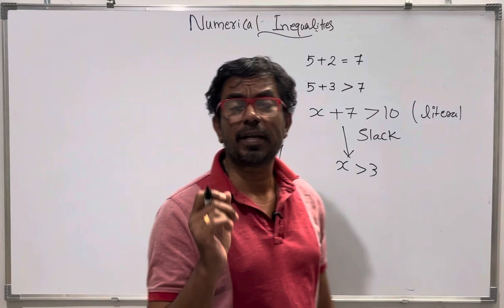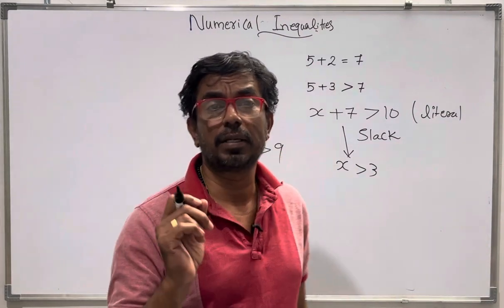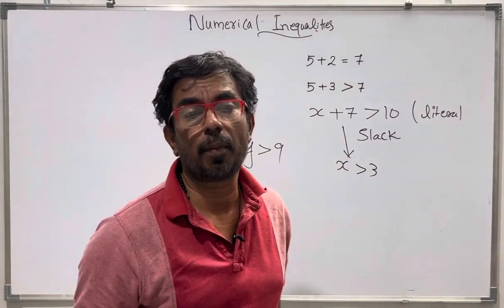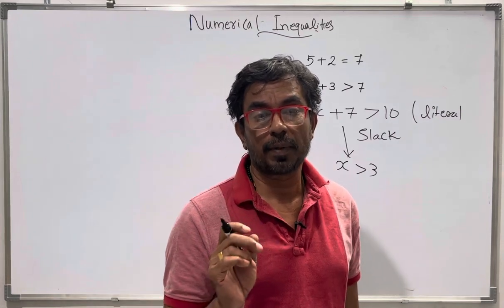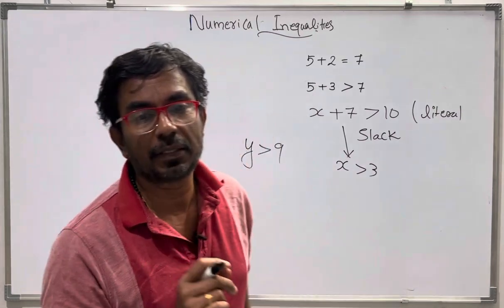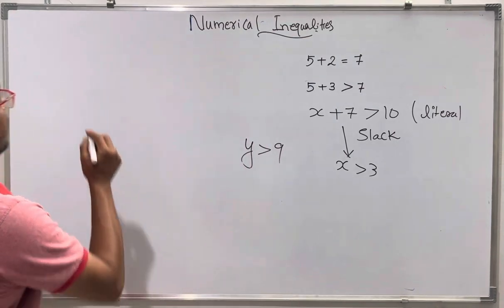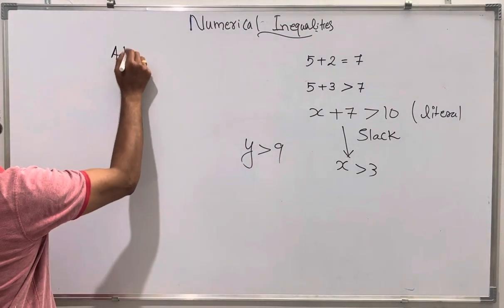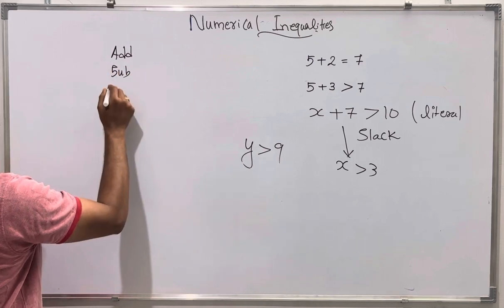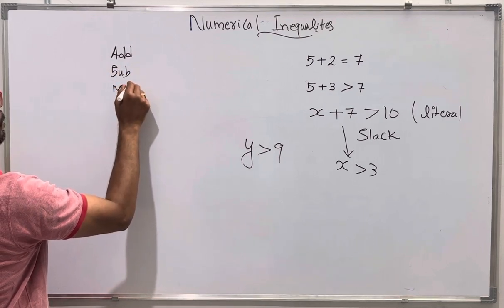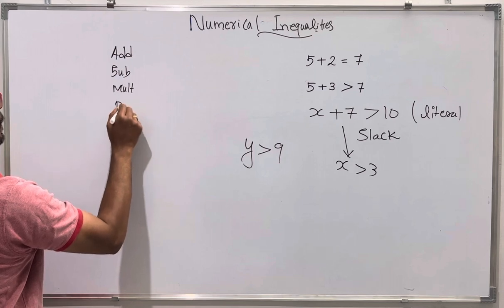Now, when I speak about solving inequalities, you should know some of the properties related to solving them. What are the properties? We will say the addition property, subtraction property, multiplication property and division property.